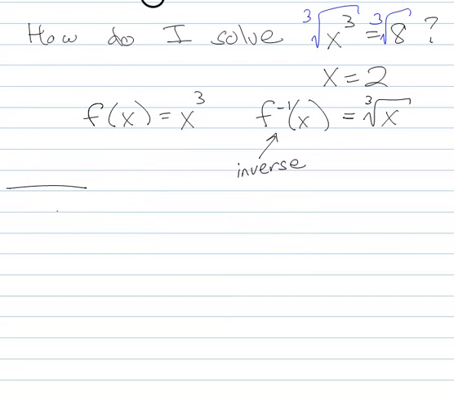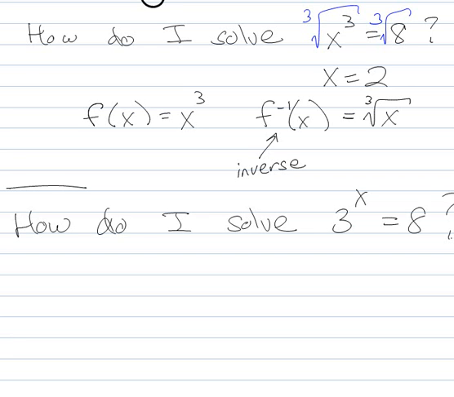Well, here's the deal we run into. Say I wanted to solve not x cubed, I just did that, but 3 to the x equals 8. You say, yuck, I don't know. So how do I solve 3 to the x is 8? And you say, well, I can't take the cube root of both sides.